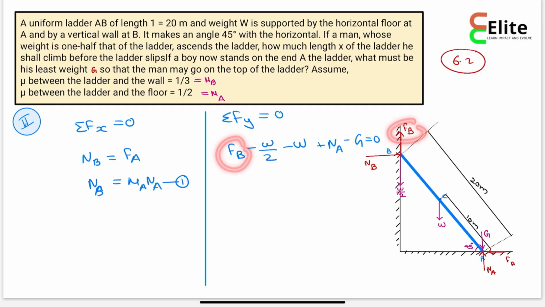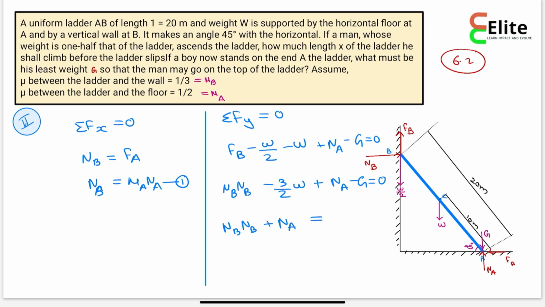This is acting upwards, and these two forces are acting downwards, and this is acting upwards and this is acting downwards. So we can simplify it: mu b into Nb minus 3 by 2 W plus Na minus G equal to 0. So mu b Nb plus Na is equal to 3 by 2 W plus G.